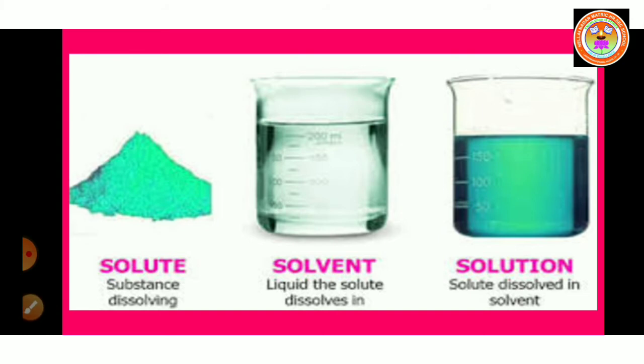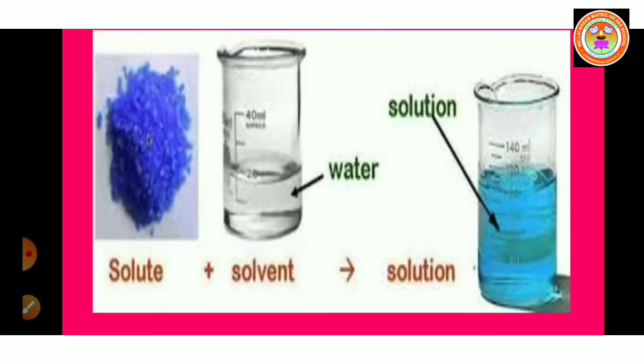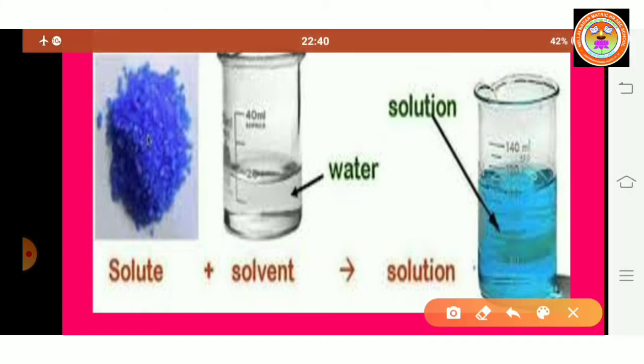The solute gets distributed uniformly throughout the solvent, thus forming a homogeneous mixture. So the solvent acts as a dissolving medium in a solution. Which one is acting as a dissolving medium? Solvent is acting as a dissolving medium in a solution.